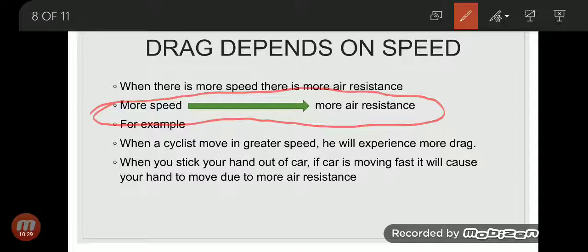For example, if you have ever ridden a bicycle, you may have experienced that when you ride faster, you feel that air is pushing you, right? Air is trying to push you. This is because of air resistance, because air is actually trying to push you in the opposite direction.